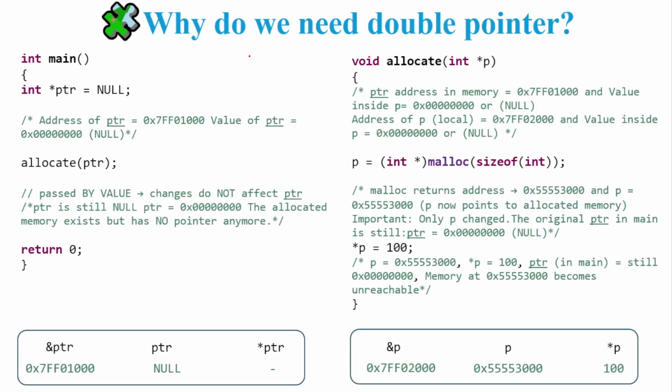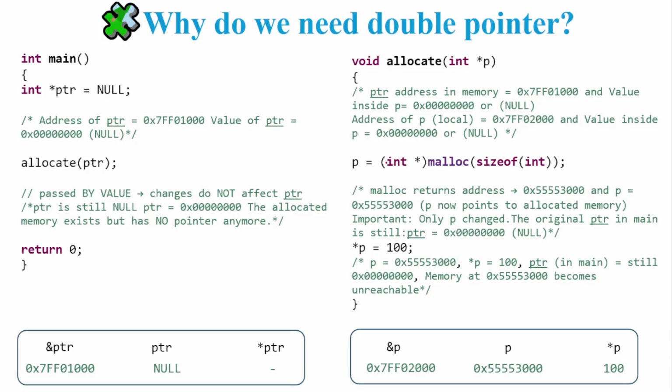Why do we need a double pointer? In the body of a function, whenever we work with the address of a variable, that address is first stored inside a pointer such as p. In this situation, we are actually modifying the value of p itself.